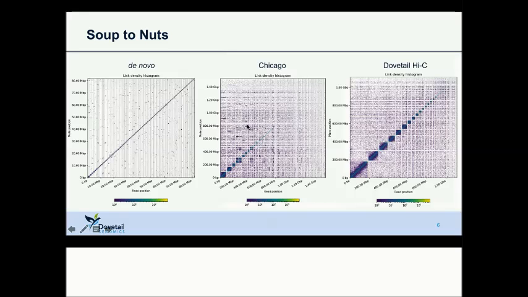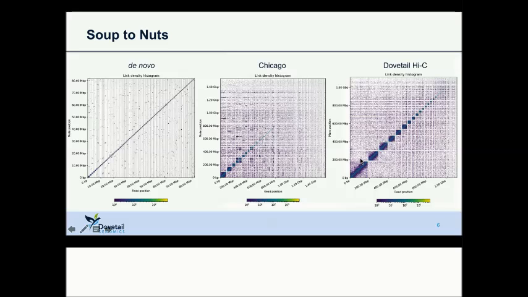However, you can see, because this is the Hi-C data being plotted, which at this stage hasn't yet been used for scaffolding, you can see the links that the Hi-C information is going to be telling us to make. So for example, there's this very high density of read pairs in this box right here that suggests that this scaffold is linked to this scaffold. Chicago doesn't know that, but Hi-C does.